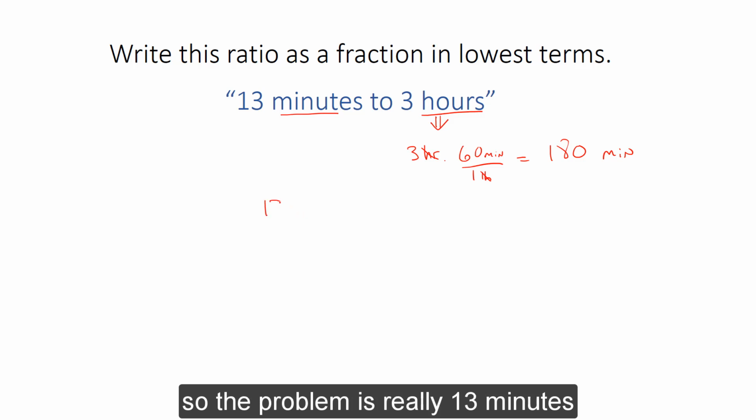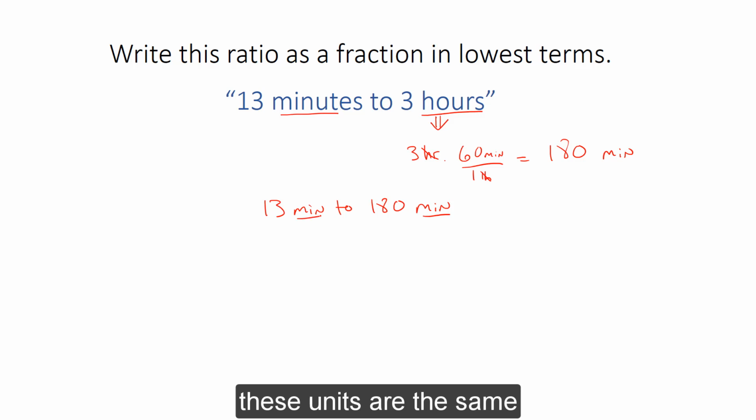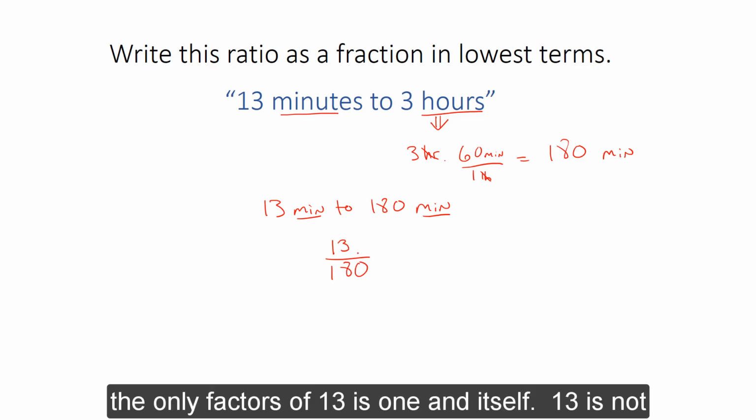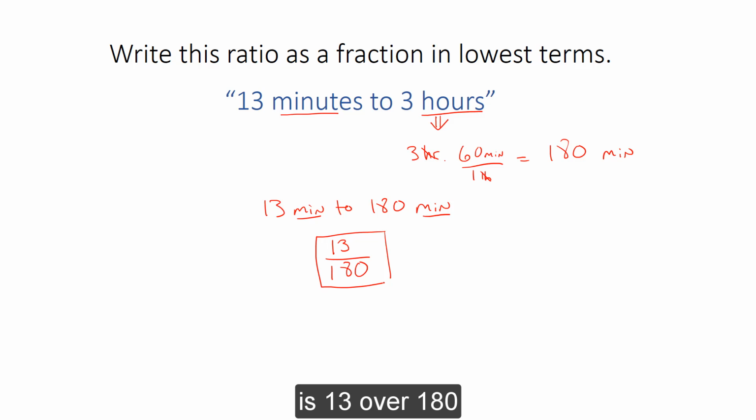So the problem is really 13 minutes to 180 minutes. These units are the same. So 13 over 180. The only factors of 13 are 1 and itself. 13 is not divisible into 180. So your final answer would be 13 over 180.